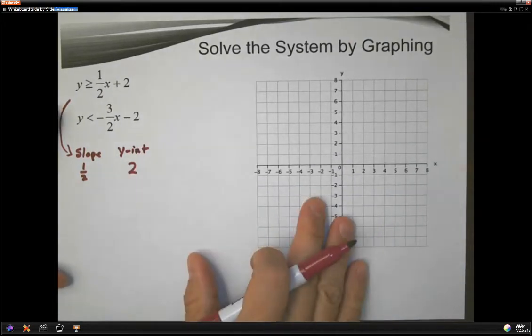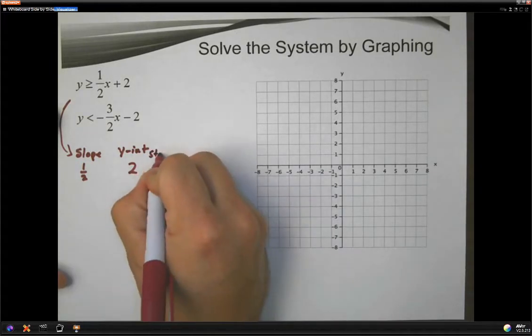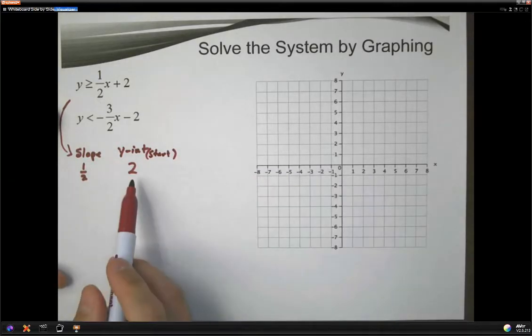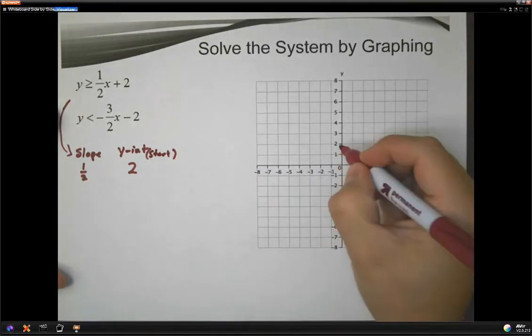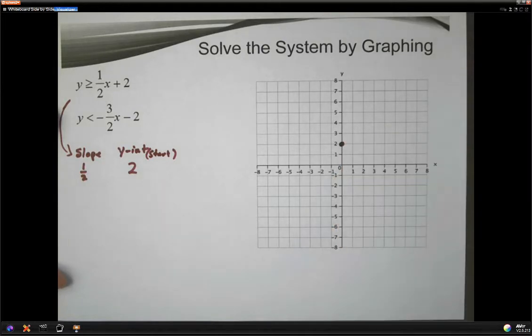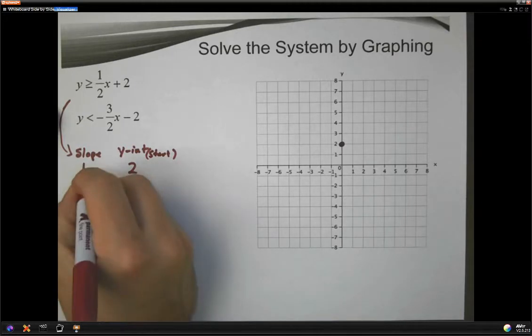Starting by graphing the first one, remember, we always start with the y-intercept. So in this particular case, we're going to start at positive 2 on my y-axis. That is where I start. The slope, remember, when the slope is positive, we are going to go up and to the right.